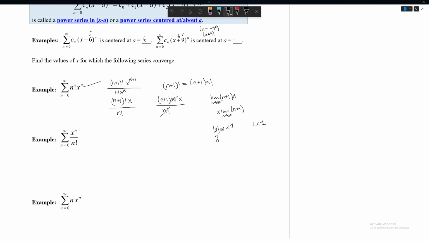Our L can only be less than 1 when x is 0. So what we say is this is only convergent when x equals 0, right? Because that's the only time we'll have L less than 1.